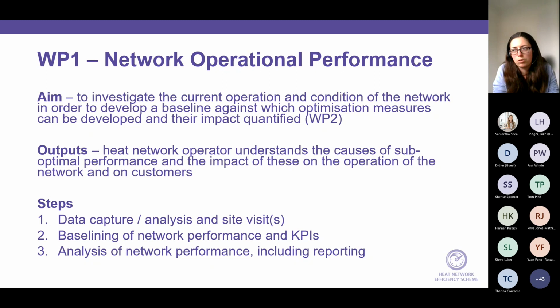But also on customers. So what impact does this have on customers? How many outages are there? Are they paying particularly high tariffs? So that's kind of what we want heat network operators to be able to understand from doing work package 1. So there are 3 steps to this work package, and I'll go into more detail on these on the next slide.